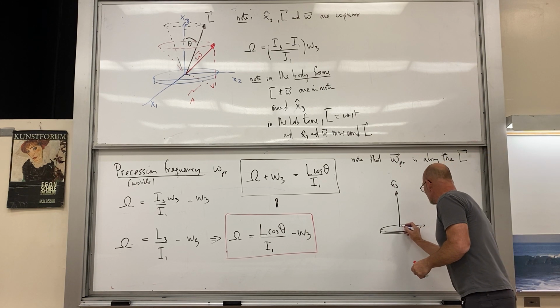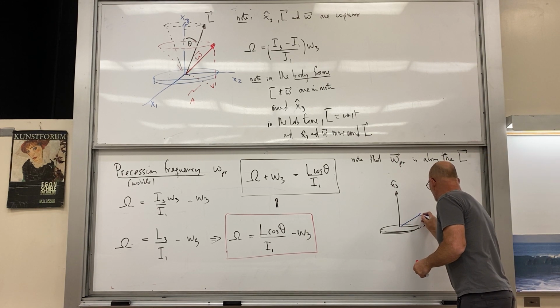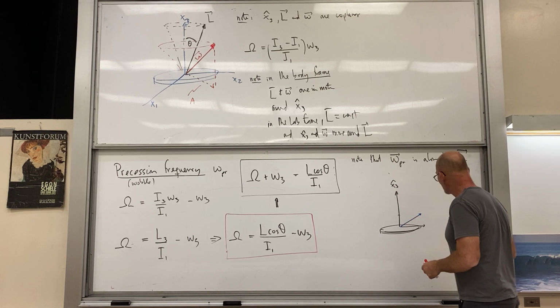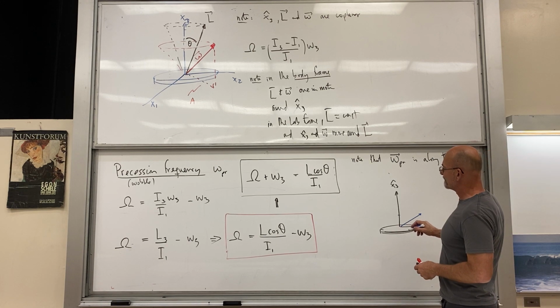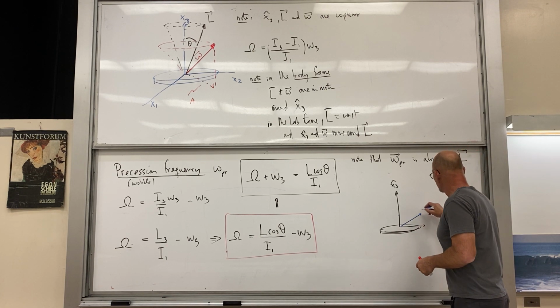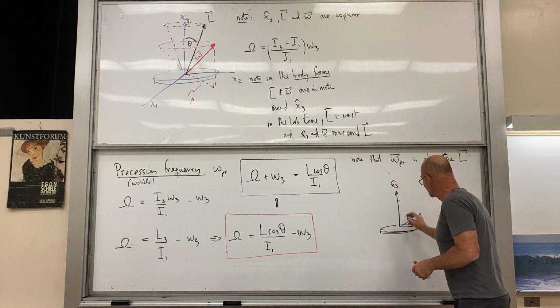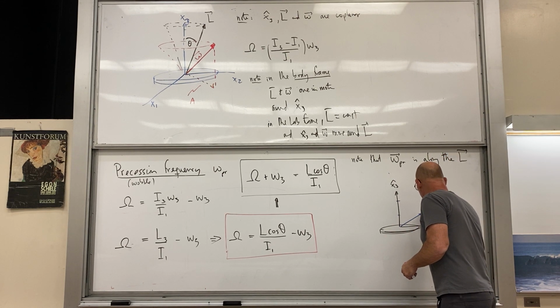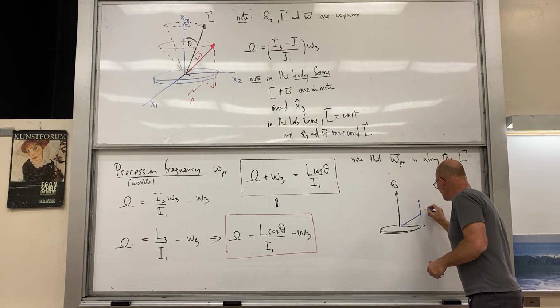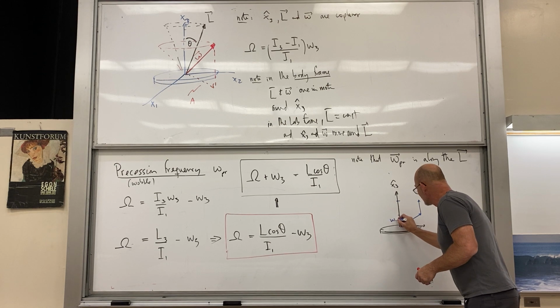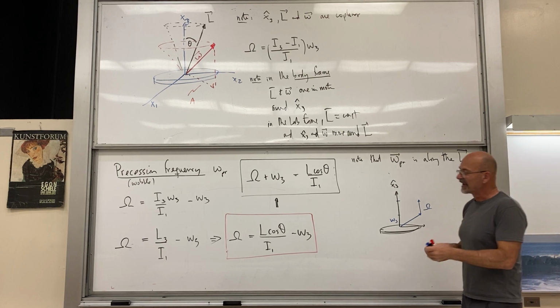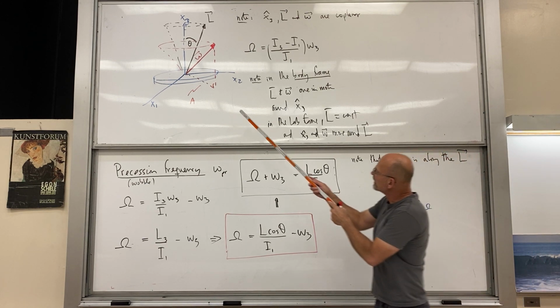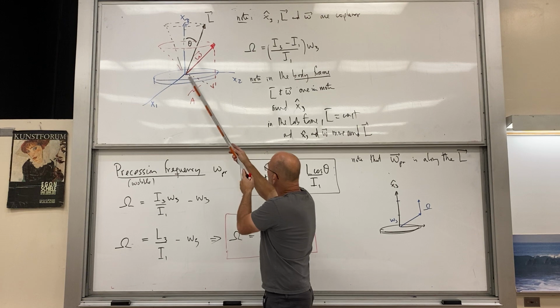So let's see, we'll go omega. And then there's our omega 3. This is the omega 3. And this is the omega, again, this capital omega, that's the way this projection goes around the x1, x2 plane.